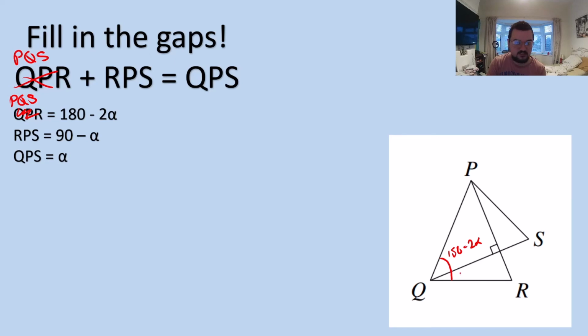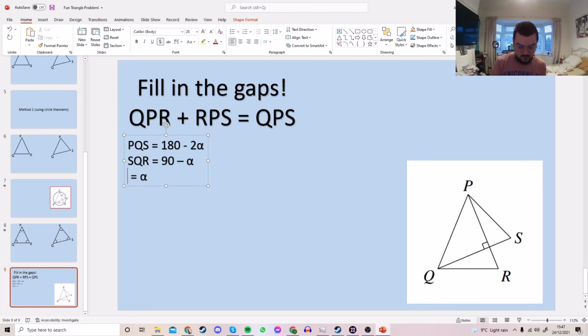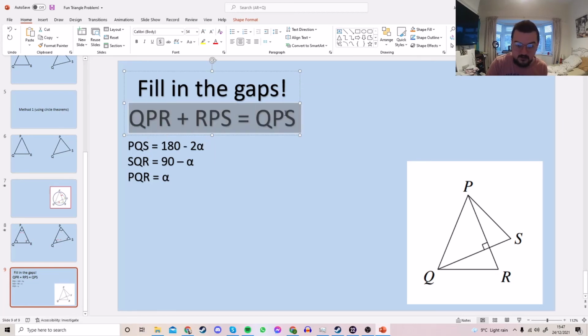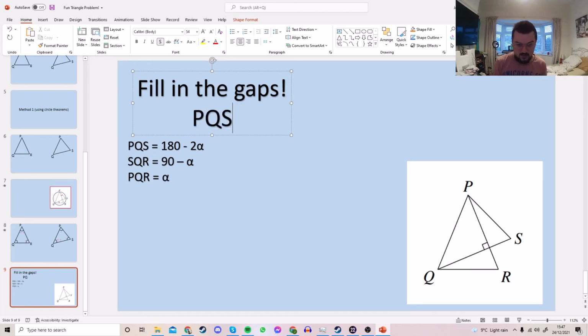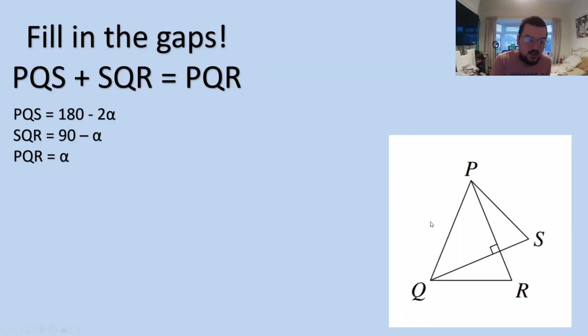I've got these letters all horribly wrong, haven't I? In fact, let's just change these letters. So the letters that should be PQS, SQR, PQR. So let's change that. So it should be PQSR. Let's go back to our slide. So let's pretend that never happened.